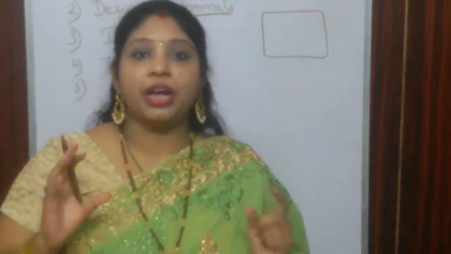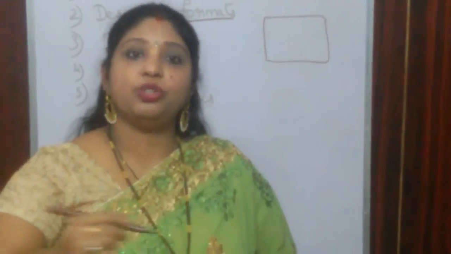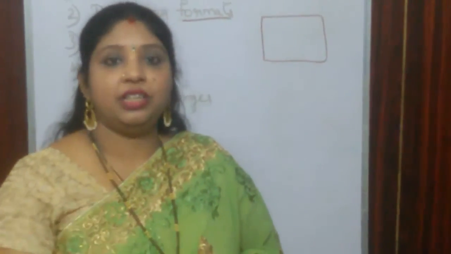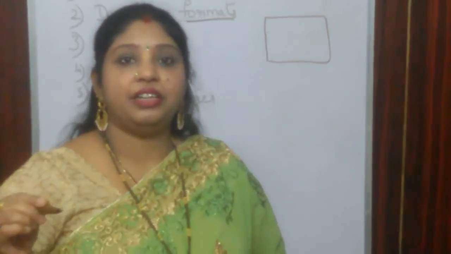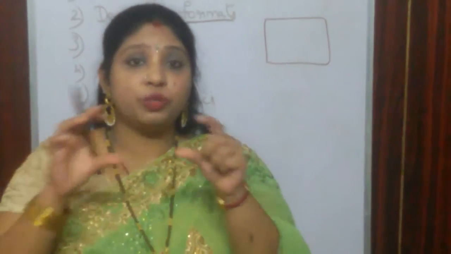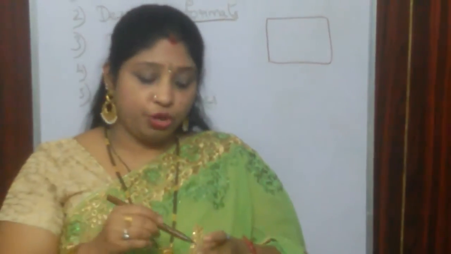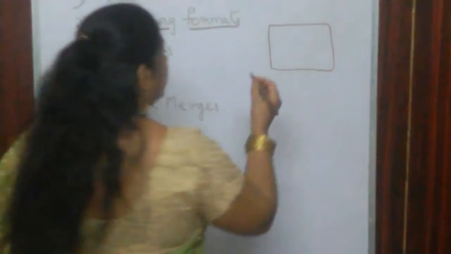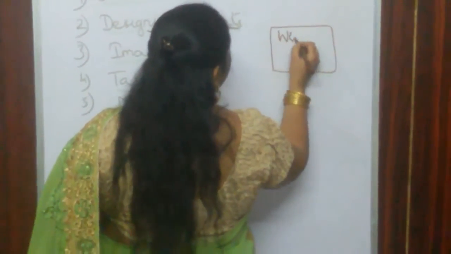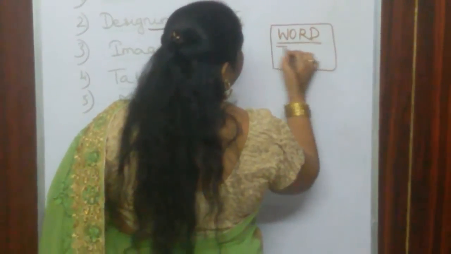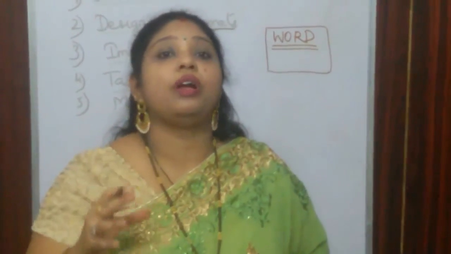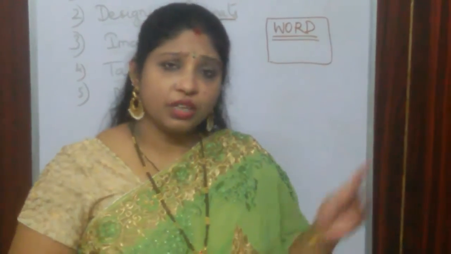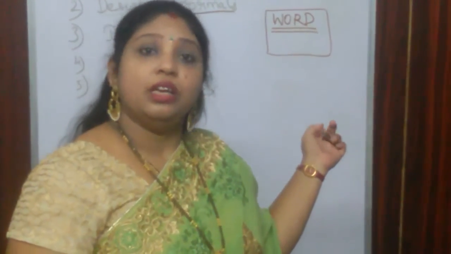For example, if you write in a book, in each page you will do some presentation on it. You will write a heading and underline it. If you want to highlight that heading, you will make it bold like this. You make it bold and you underline it. Those types of things are called formatting. That is what I want to explain here.